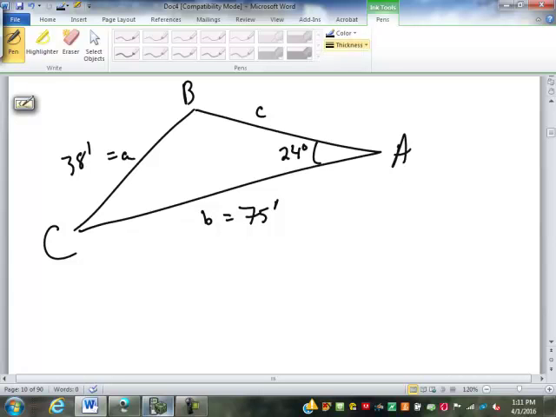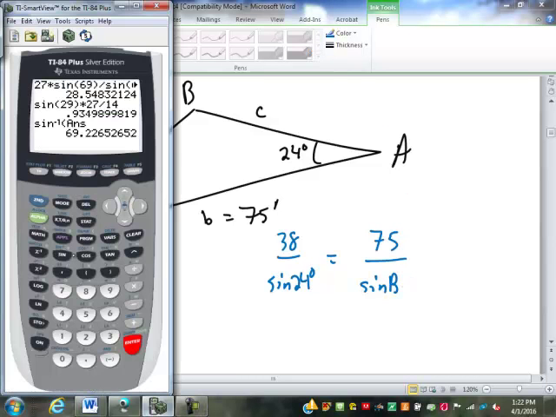Find the missing pieces of that triangle. What'd you find here? Okay, let's set it up. We got 38 over the sine of 24 degrees equals 75 over the sine of B. So sine 24 times 75 divided by 38. 0.8028.